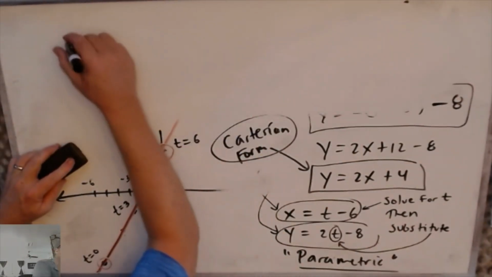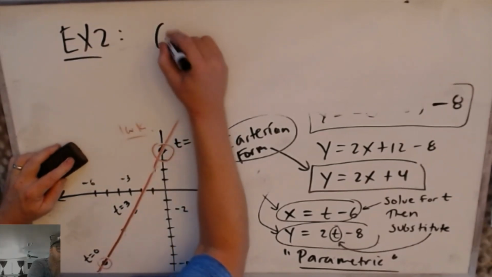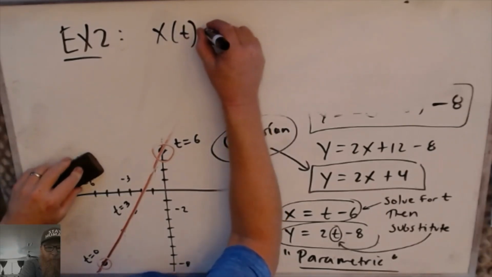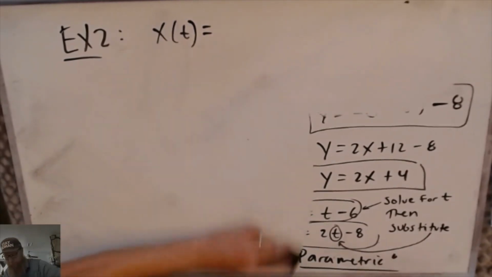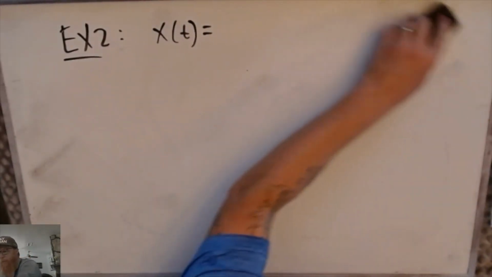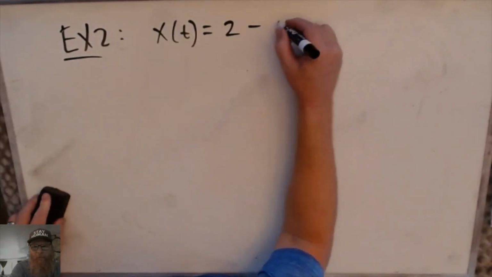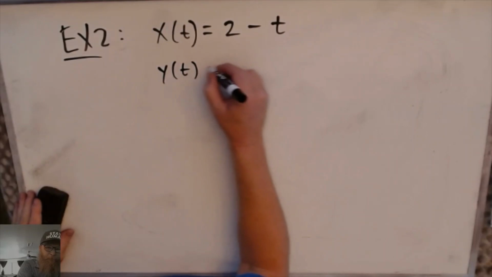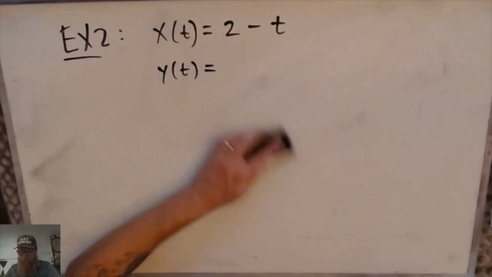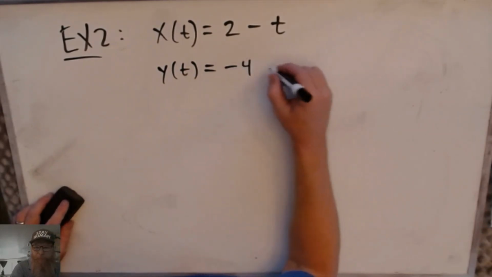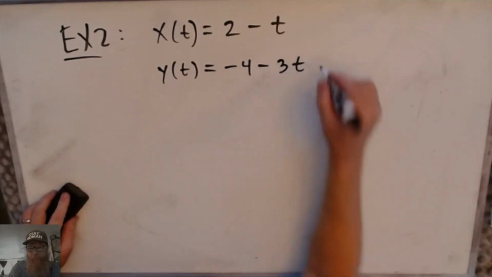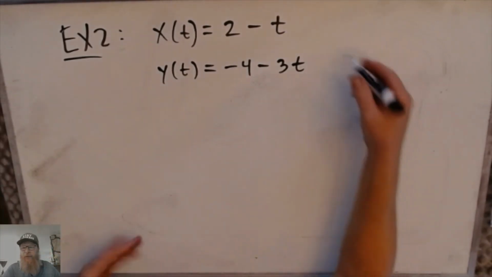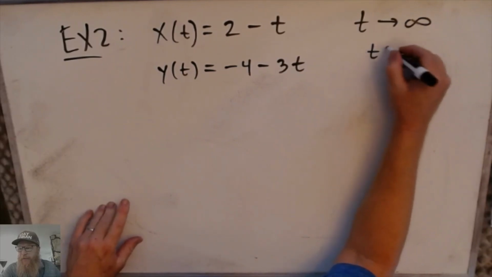Let's try another example. And so we're always assuming that t is going towards infinity and it's greater than or equal to 0.